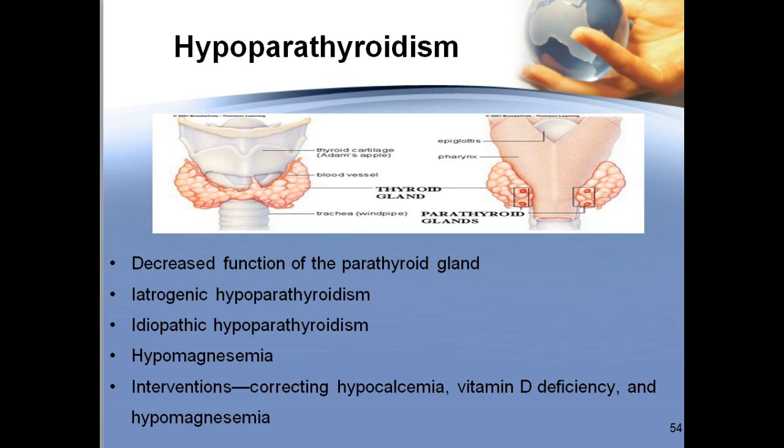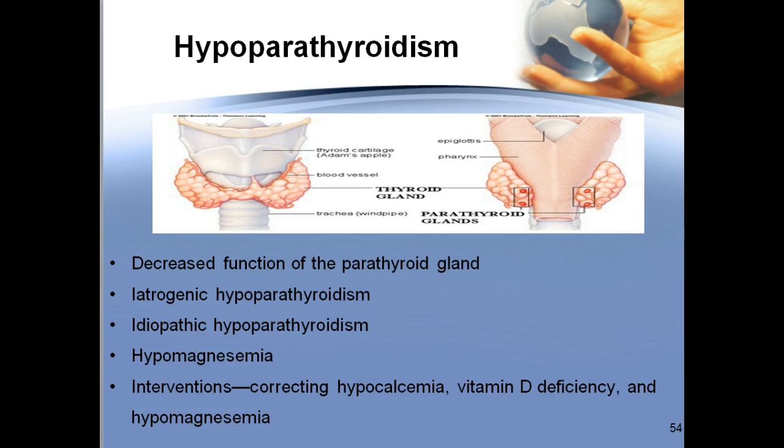And hypomagnesemia is seen in alcoholics and in patients with malabsorption syndrome, chronic kidney disease, and malnutrition. So basically, you want to ask whether a patient may have had neck surgery or radiation therapy. You want to assess for numbness around the mouth or in the hands and feet.